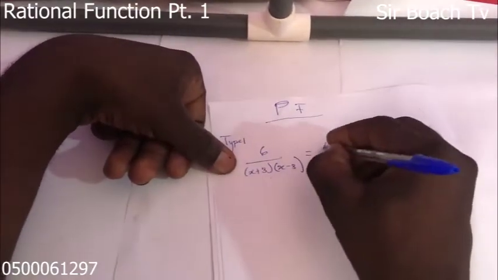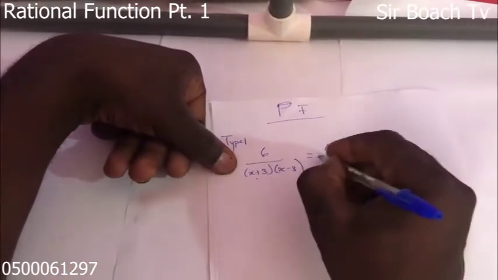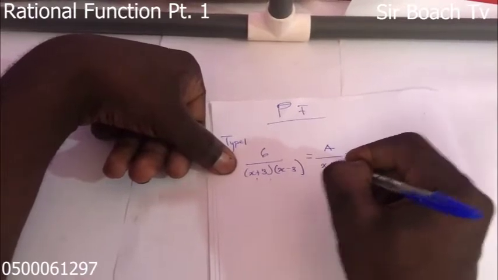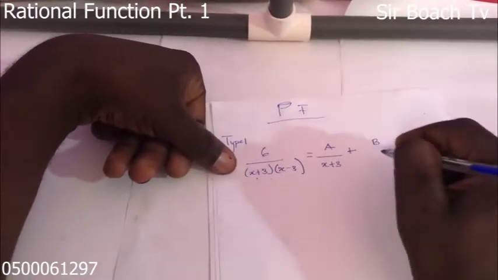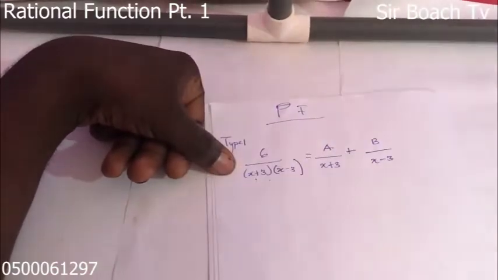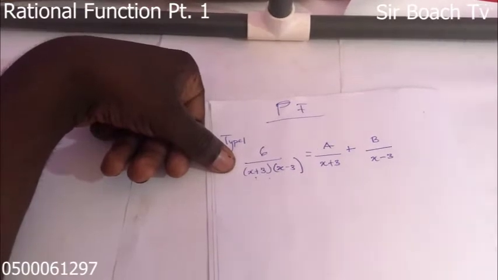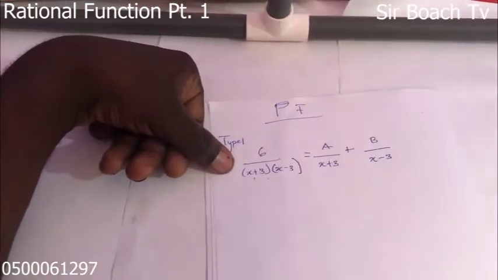So we will get A over the first one, that is x plus 3, plus B over x minus 3. So this is what we will get. For type 1, always A and B, then we split like this.